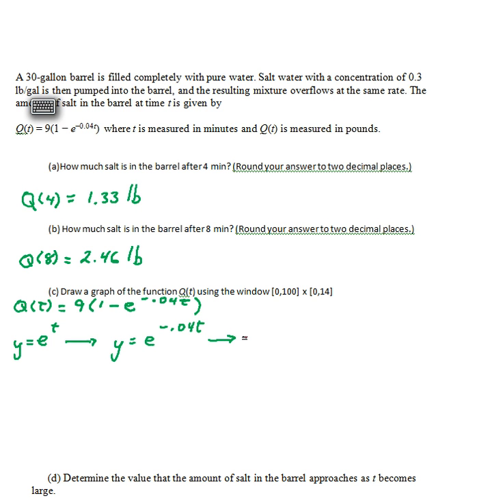Then I'm going to take the opposite of that, so the opposite of e to the negative 0.04t. I'm going to add 1 to that. And lastly, I'm going to multiply the result by 9.